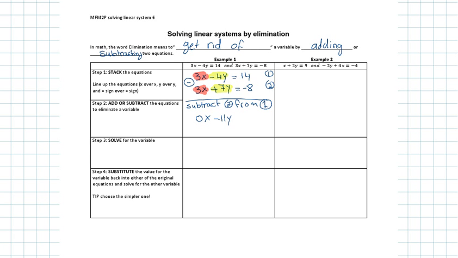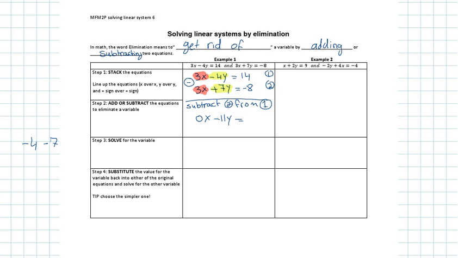Negative 11y. Okay? Well, you can put this on the calculator. Negative 4 minus 7. Okay? Equals 14 take away negative 8. I want you all to put that on your calculator. 14 minus negative 8.